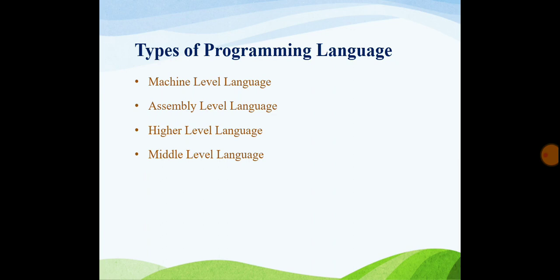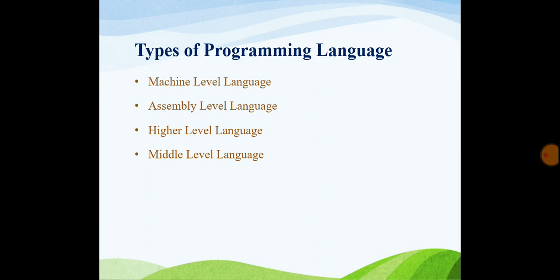Now why have we built computers to understand this binary language? That is because this binary language, which has only two values, is easy to create at the hardware level. For example, if we have a wire, and if current is flowing through this wire, then we can say it is 1.